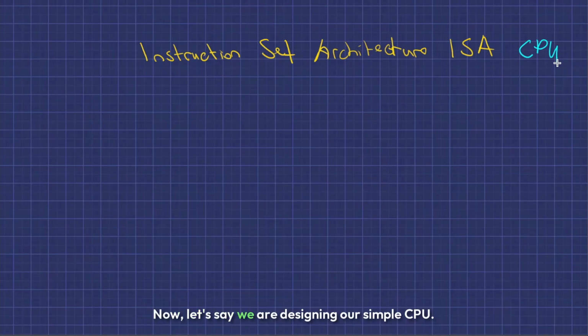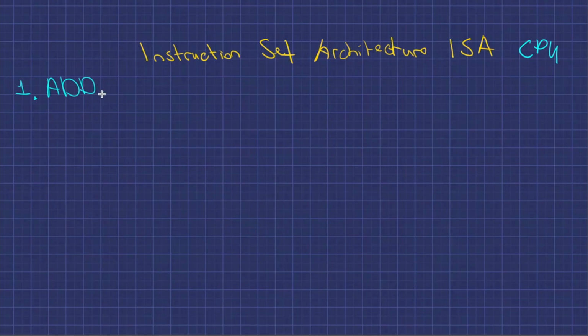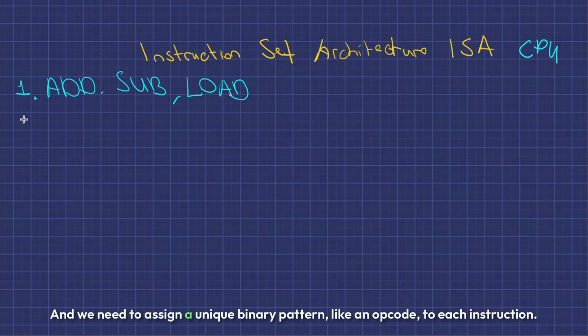Now, let's say we are designing our simple CPU. We will need to define what instructions exist, like add, subtract, and load. And we need to assign a unique binary pattern, like an opcode, to each instruction.